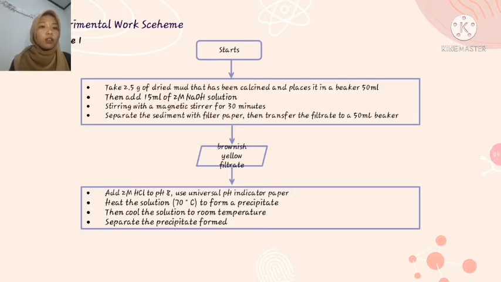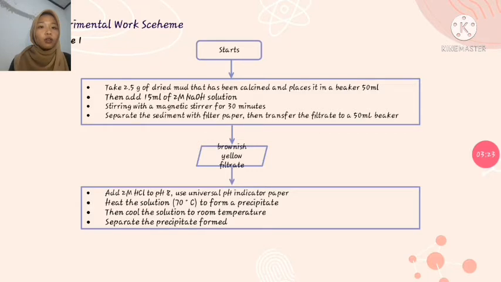The result: brownish yellow filtrate, and then add 2 molar hydrogen chloride to pH 8.